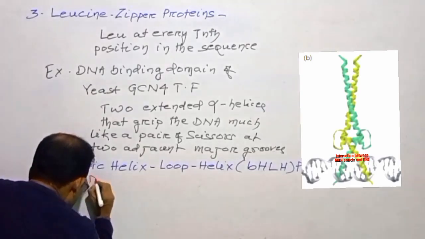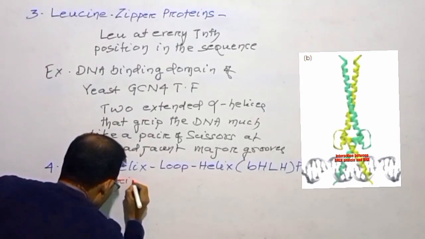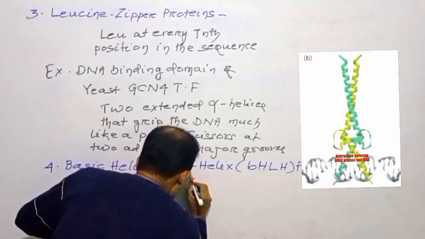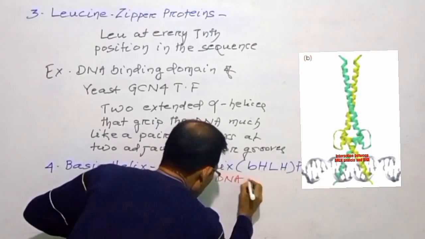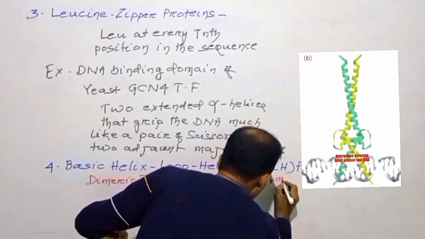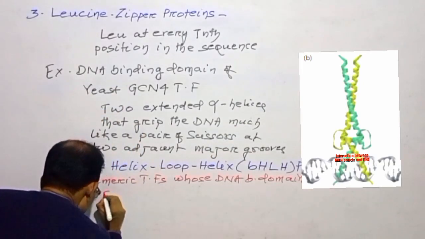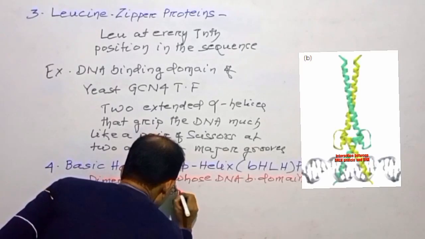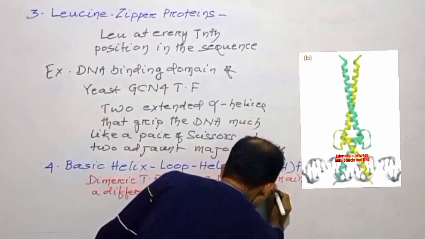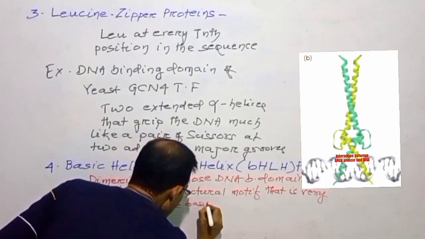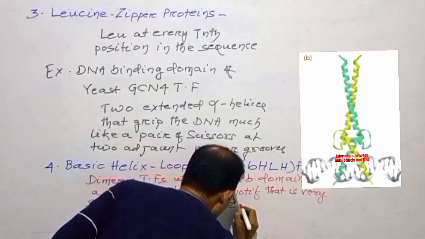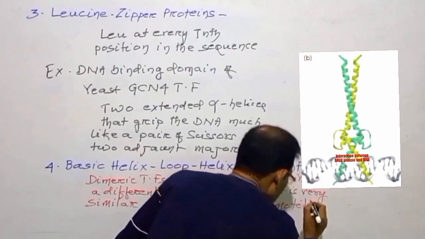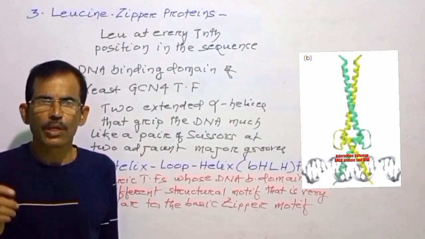These are dimeric transcription factors whose DNA binding domain has a different structural motif that is very similar to the basic zipper motif, except that a non-helical loop of the polypeptide chain separates the two alpha helical regions in each monomer.